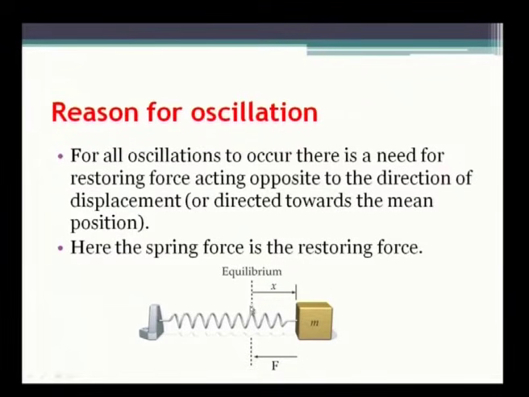This is marked as the equilibrium position, the dotted line, and the mass is displaced to the right. That means the displacement x is to the right, and the spring will exert force on the mass to the left. The displacement is to the right, the force is to the left. But when you look at the diagram, both are measured with respect to the mean position.